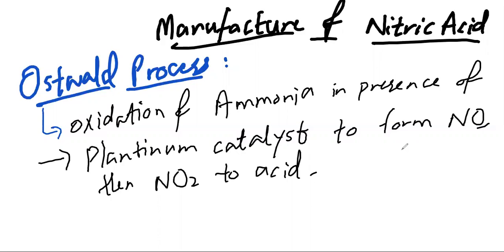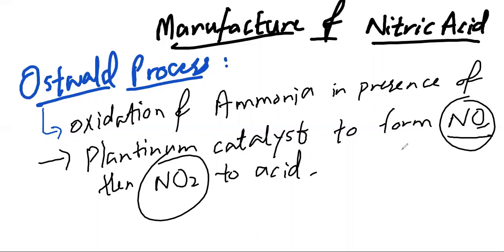Then ammonia is oxidized to NO. Then it is passed through a boiler to reduce its temperature. Then NO is further oxidized to form NO2. From NO to NO2, we are oxidizing.